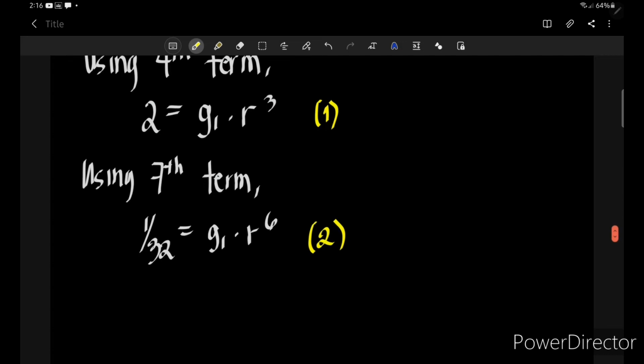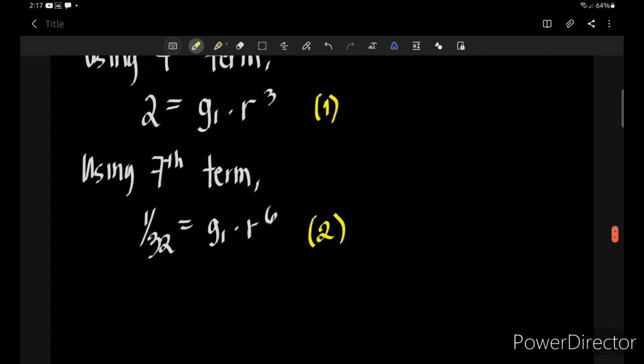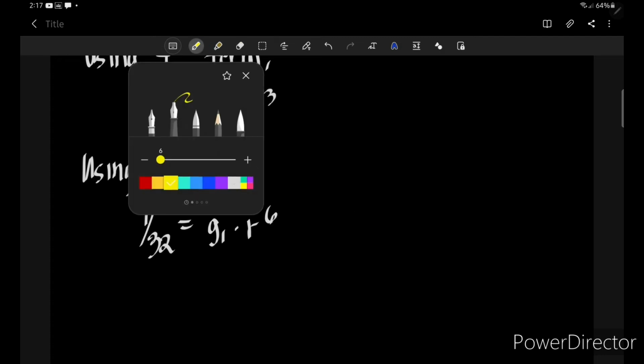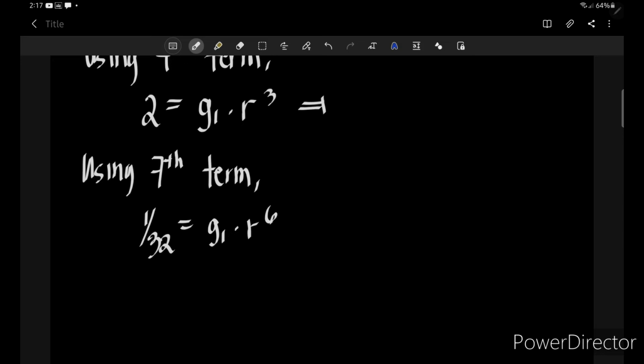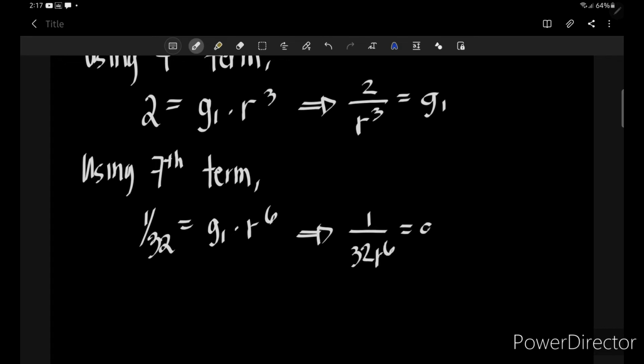Or mamaya natin tawaging equation yan. Kasi pwede pa itong ma-simplify, no? Ito, pwede itong gawing divide ka R cube both sides, makakakuha ka ng 2 over R cube equals G sub 1. Right? And ganun din dito. If you try to divide R raised to 6 both sides, makakakuha ka ng 1 over 32 R raised to 6 equals G sub 1. So, tawagin na natin ito ngayong equation 1 and equation 2.